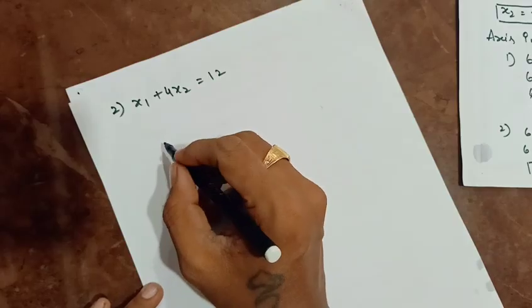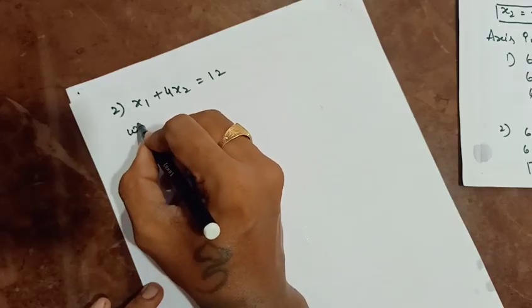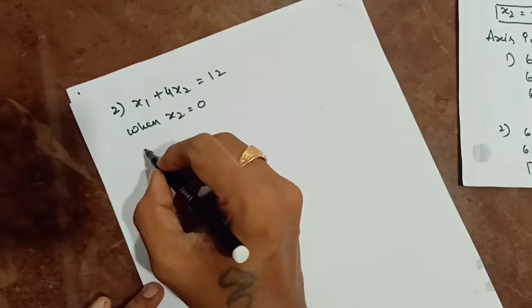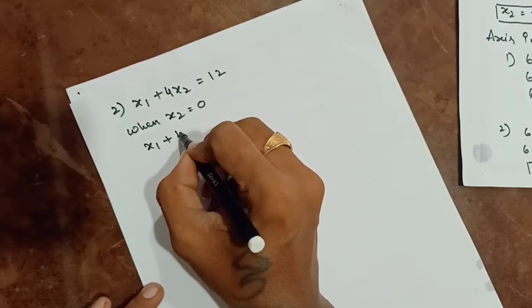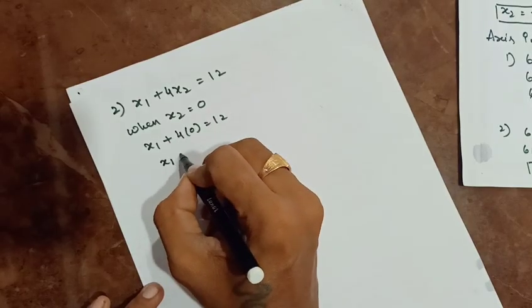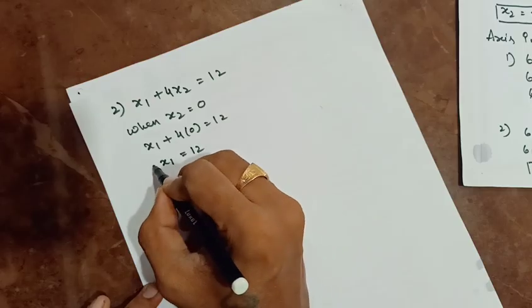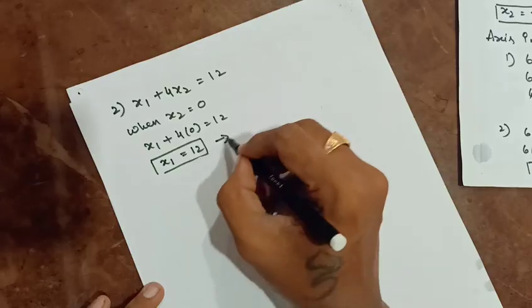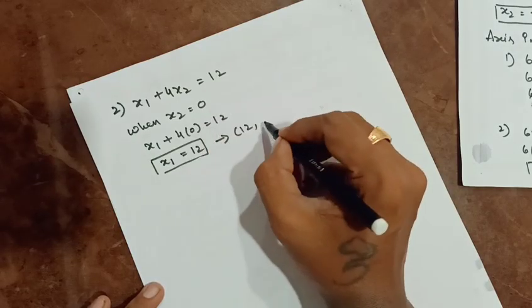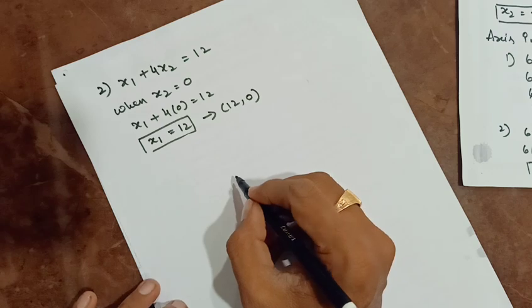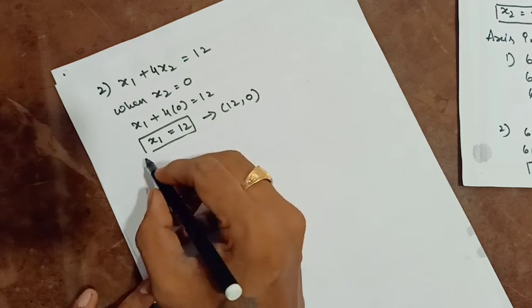So here also, when x2 is considered as 0, x1 plus 4 into 0 equals 12. So x1 is equal to 12. So we got one more point, x1 is 12 and x2 is 0.